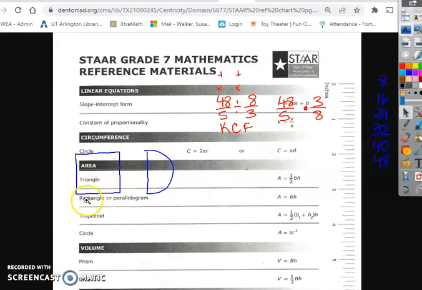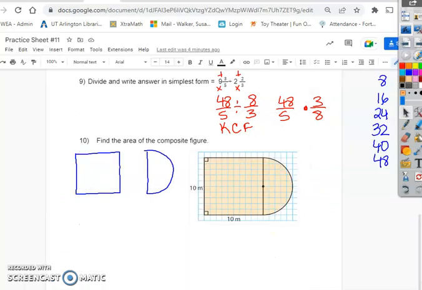Notice I don't see square, I see rectangular parallelogram. That's what I use, BH. And then I have a semicircle, so I use area of a circle, which is pi r squared. Most of you are getting pretty good at that. Okay, so this one's A equals BH, and this one is A equals pi r squared.